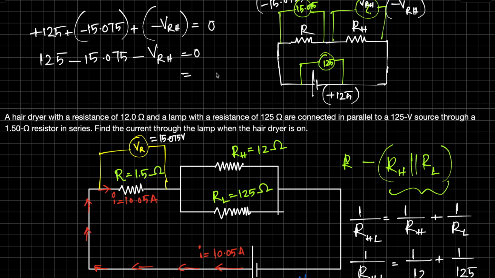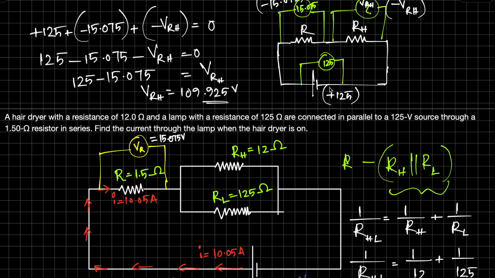Take minus VRH to the right side. VRH will be equal to 125 minus 15.075. VRH is equal to 109.925 volts.